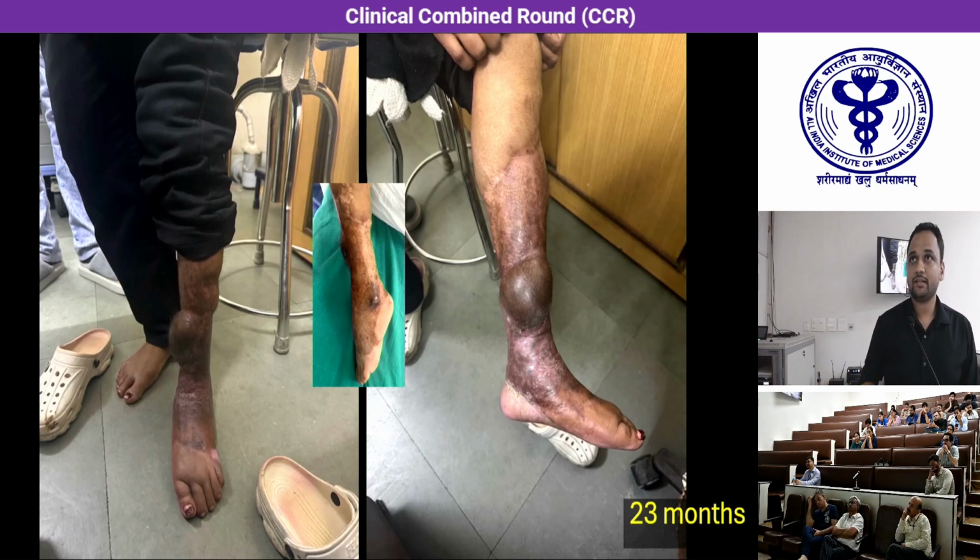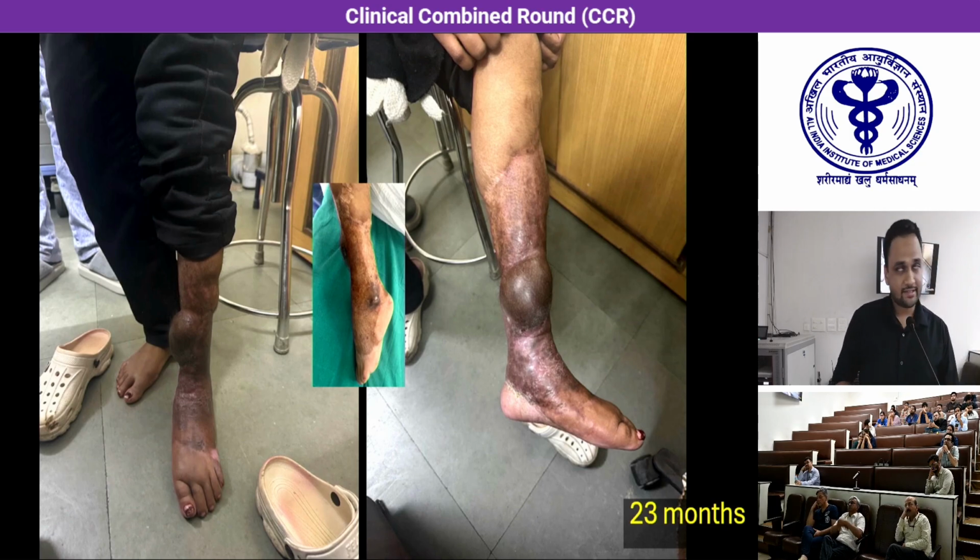So now at the final follow-up, 23 months, the patient came to us with a full plantigrade foot. Without using any crutches and walker, she was able to walk, and she was more than happy and contented because of these results.